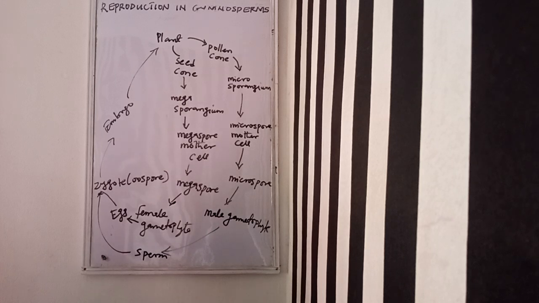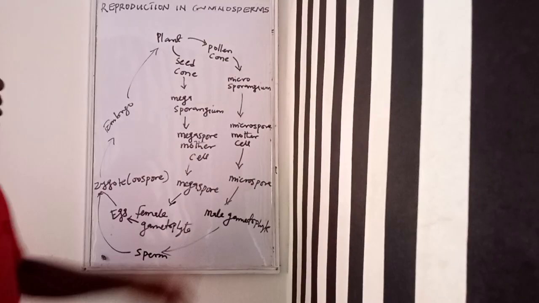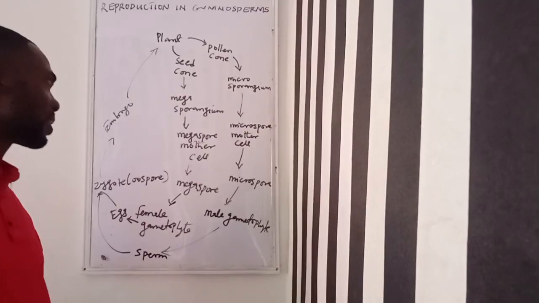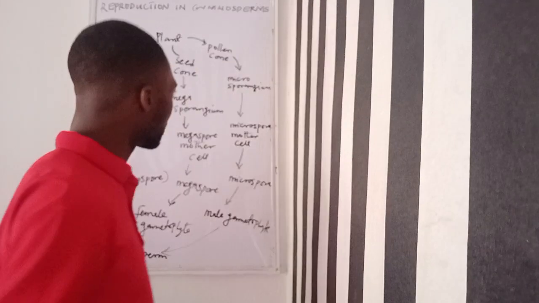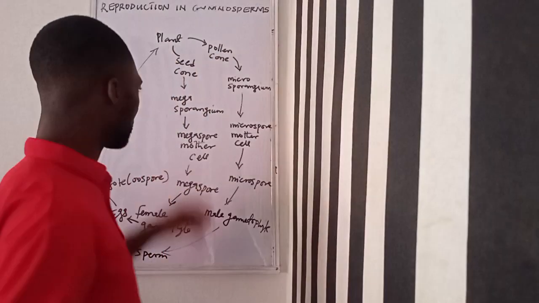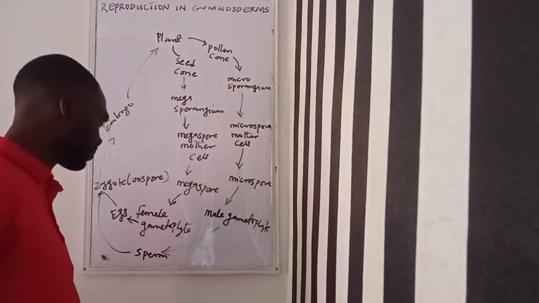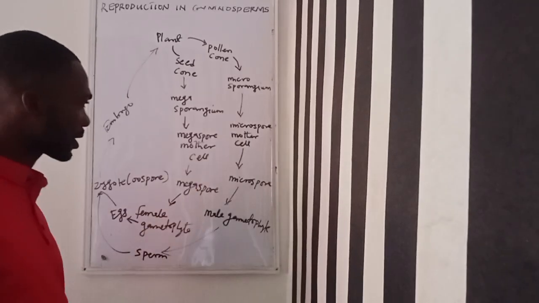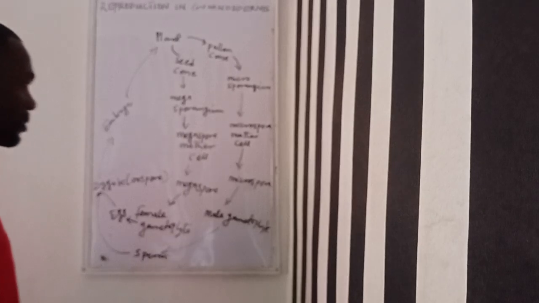Then, of course, we have the megasporangium, which is also called the embryo sac. This gives rise to the microspore mother cell and the megaspore mother cell. The microspore mother cell will now give rise to the microspore, and the megaspore mother cell will produce the megaspore.